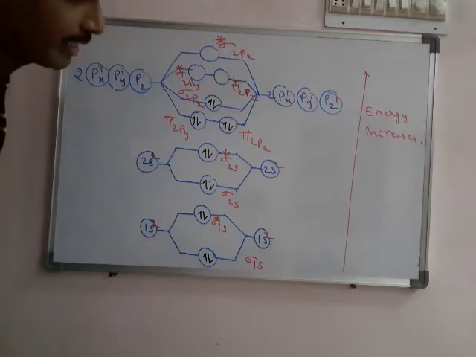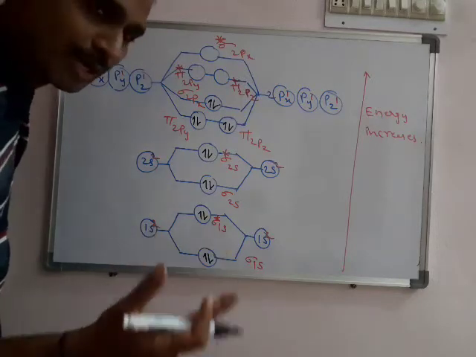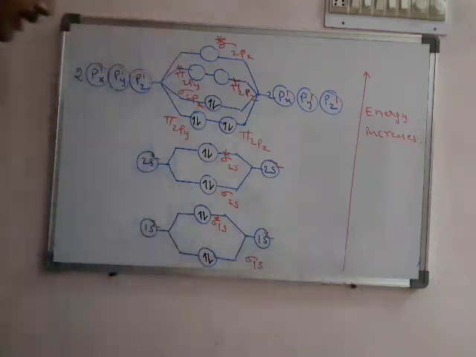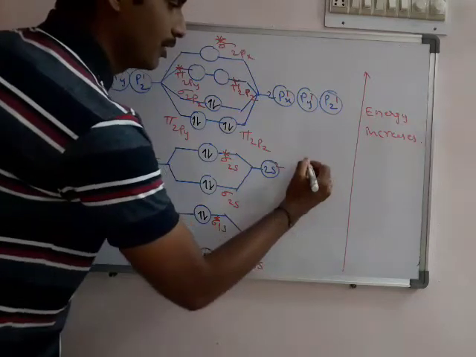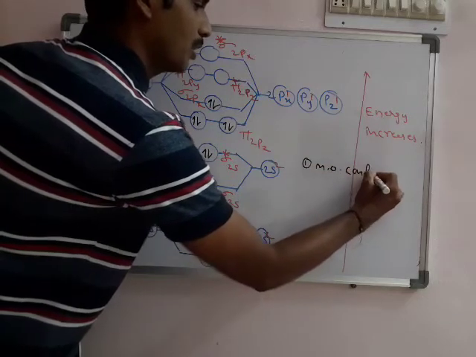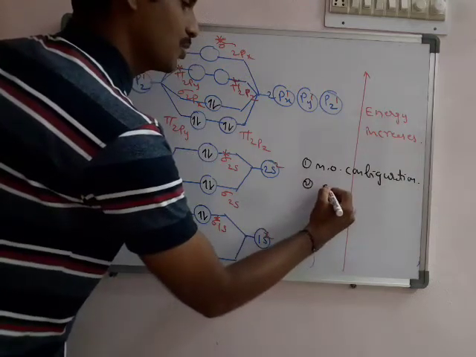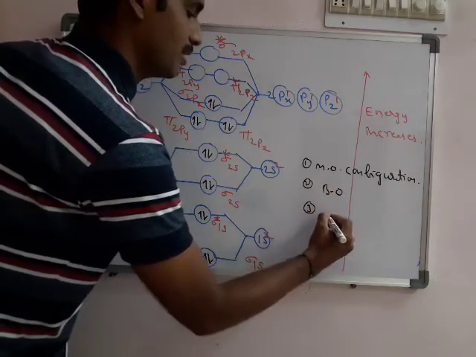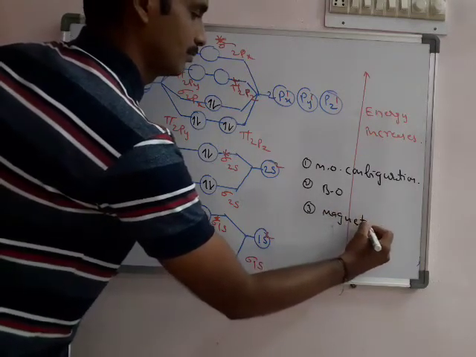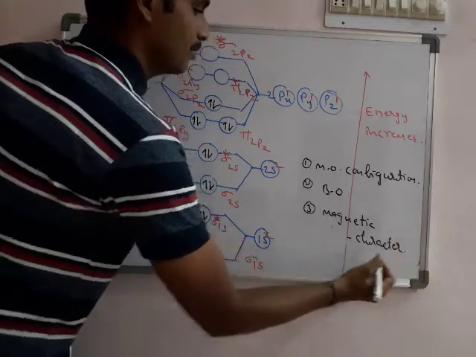Now you need to write the configuration. Normally we already know about the configuration. So you have to write the configuration, bond order. It is totally your work. Just below this diagram you have to write the molecular orbital configuration. Next you have to write bond order, and you have to write magnetic character.